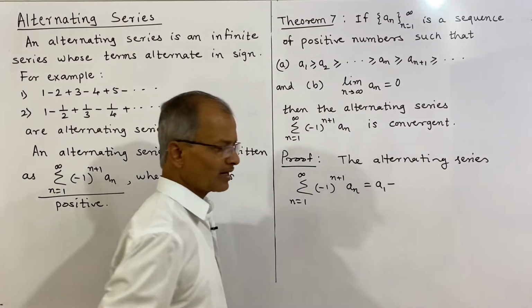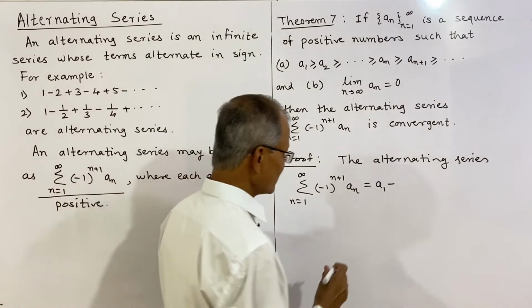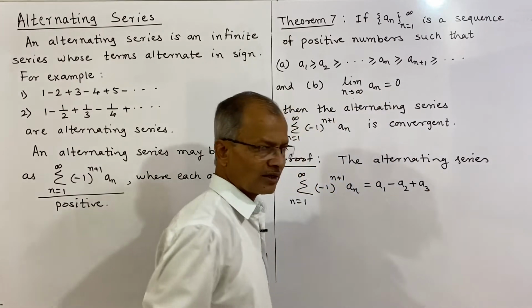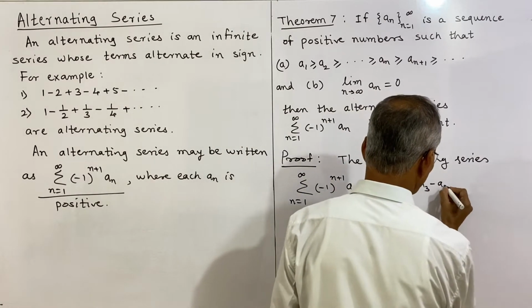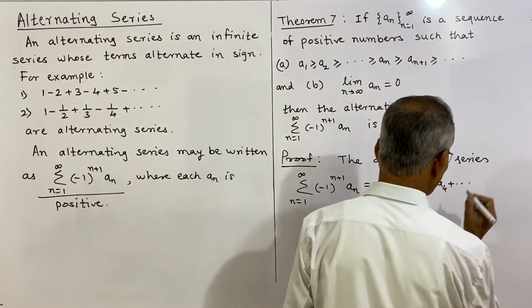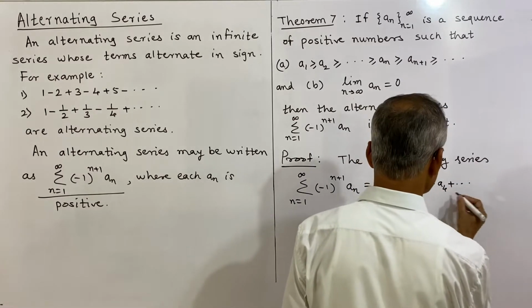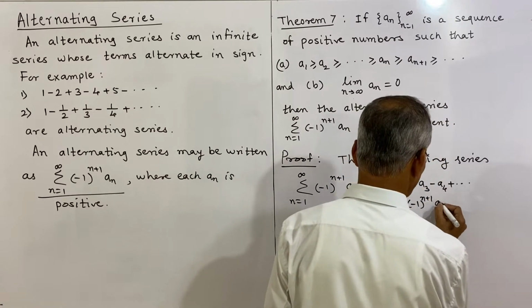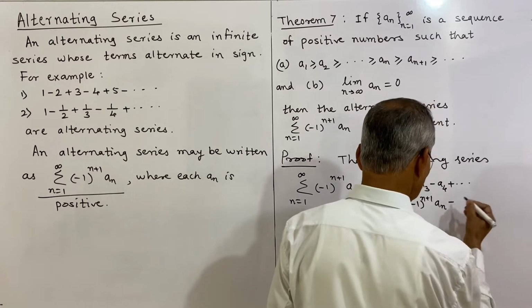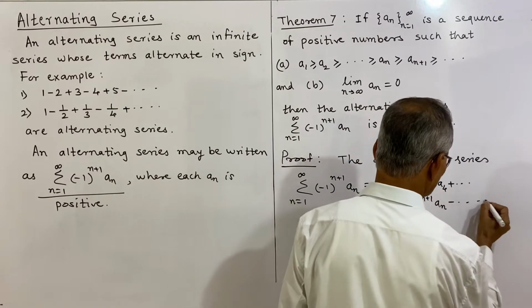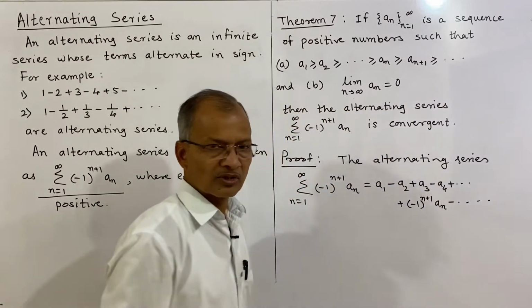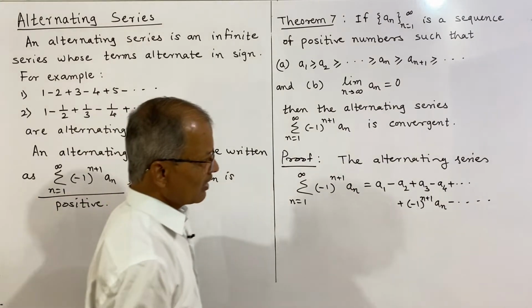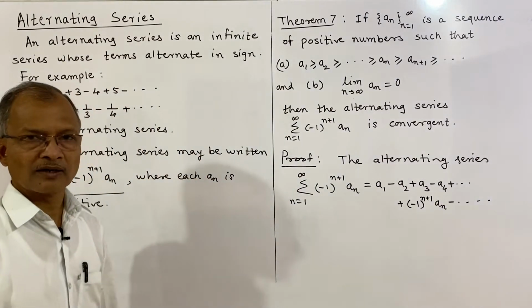The next term will be minus 1 cube, and that is negative a2, and the next will be positive. So a1 minus a2 plus a3 minus a4 and plus so on, and in general the general term is minus 1 to the power n plus 1 an, and plus or minus so on. That depends on this sign, whether it is positive or negative. So thus this is the alternating series.